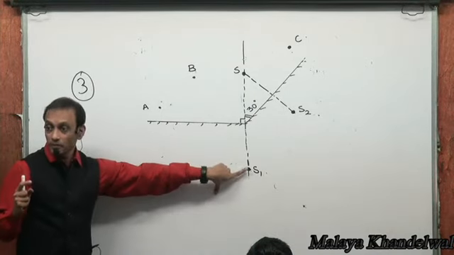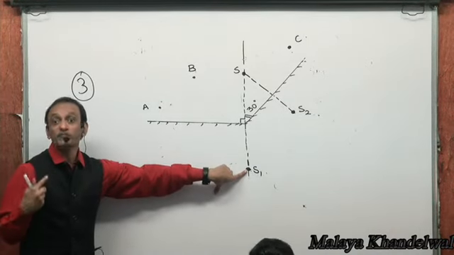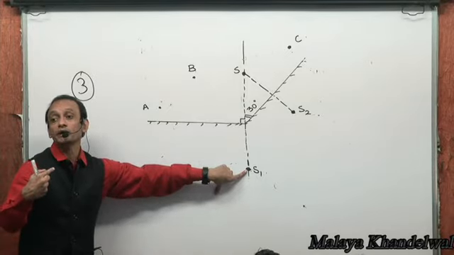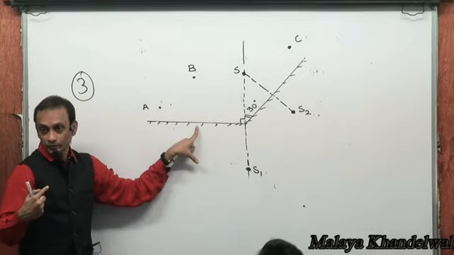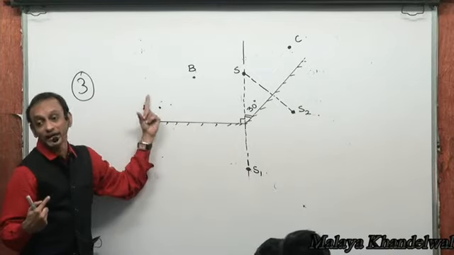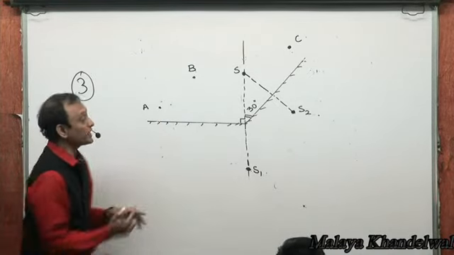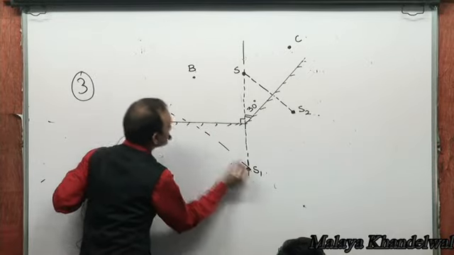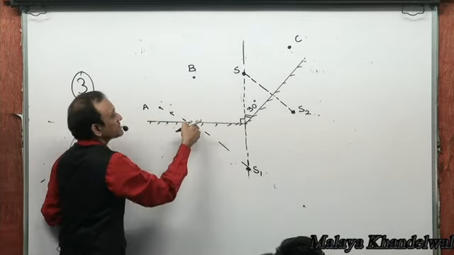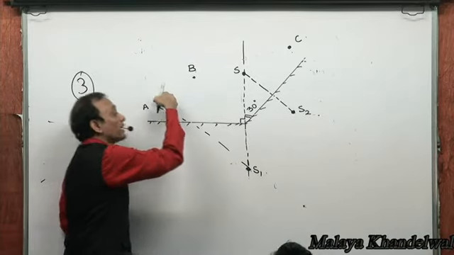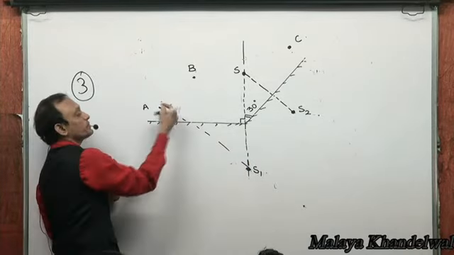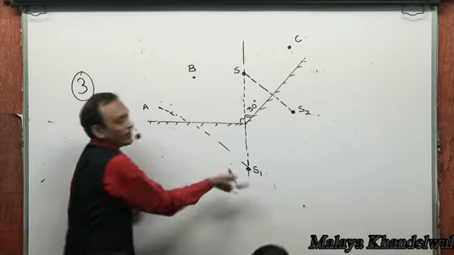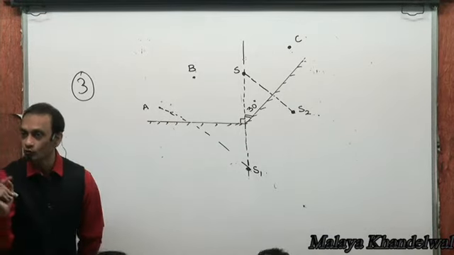If suppose this is the image, if I can conceive of a reflected ray from this mirror coming to A, then A can see S1. Yes, I can conceive of a reflected ray like this. If this is the incident ray, this has to be the reflected ray. So I can conceive of a reflected ray which seems to be coming from S1, and therefore S1 will be visible to A.